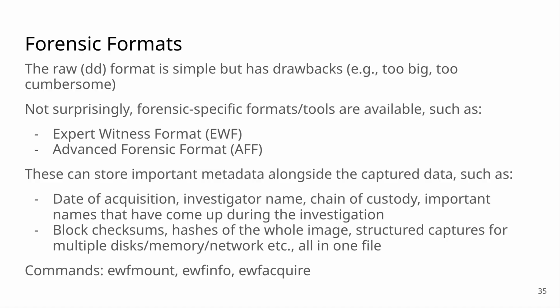It might not be very useful to have an 8 terabyte file that you need to download somewhere, so it would be nice if you can automatically split it. Well, there are these forensic formats like the Expert Witness Format and the Advanced Forensic Format. We're going to be using more EWF in this course, and this, for example, can split the big file into manageable chunks, and it can checksum individually the whole thing or just a chunk.